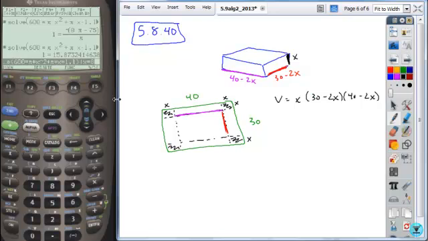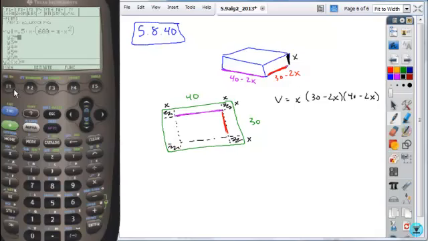and then take a look at our graph of it, the relative maximum on the graph for that is going to give you the highest volume that you can find with those dimensions. So if I take this and I put it into my y editor, just as it is, so x times the quantity 30 minus 2x times the quantity 40 minus 2x, and I enter that in my calculator, and then I go in and view it.